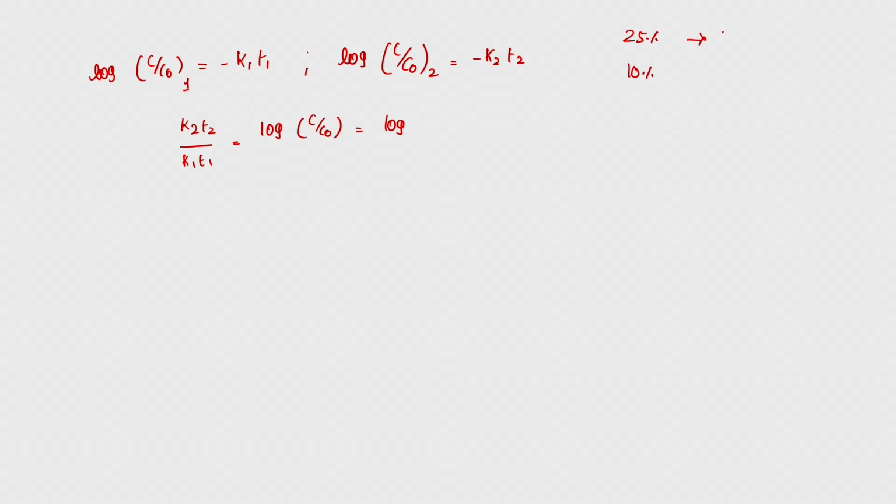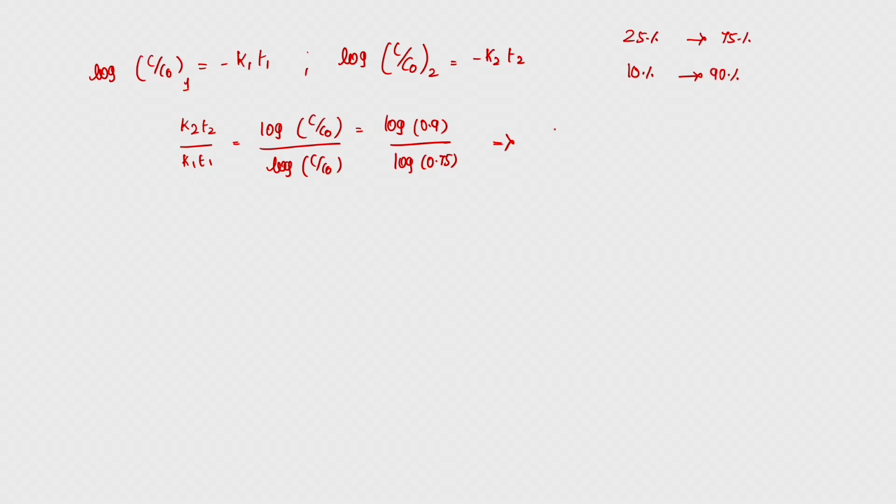So remaining would be 75%. So here remaining would be 90%. So in the second case we have 0.9, divided by log of C upon C0. So in the second case it will be log of 0.75.